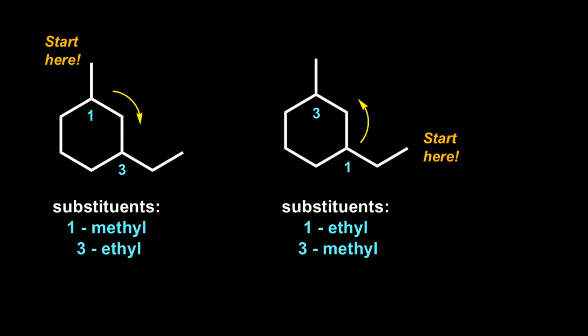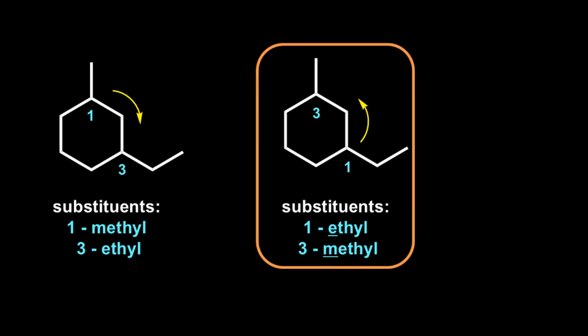In the second structure, we reverse the numbering. This time, the ethyl group is at carbon 1, and the methyl group is at carbon 3. Both give us the same positions, 1 and 3. So in this case, we apply the alphabetical rule. Since E comes before M in the alphabet, ethyl gets assigned to carbon 1, and methyl goes to carbon 3. That way, the naming stays consistent and easier to follow.